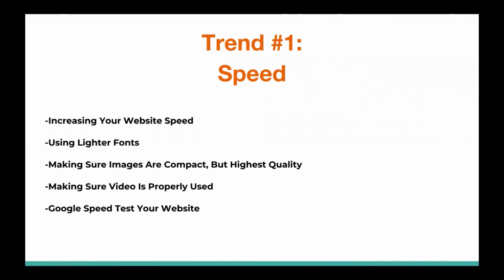But you want to ensure that it is properly used. Don't just scatter a whole bunch of videos on your website without some purpose behind it. Otherwise, video does take longer to load, and it will stall the loading process even more if you don't use it properly and videos are scattered everywhere. That's what you want to avoid.